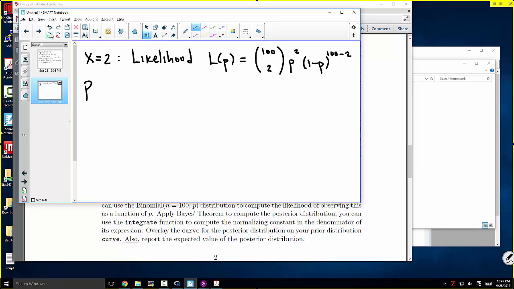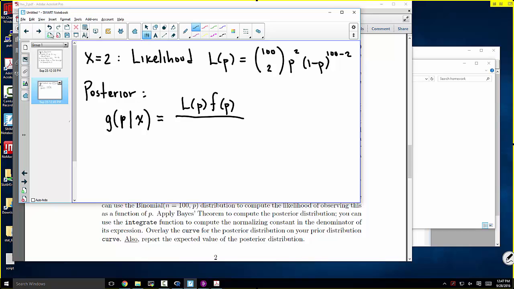Then the posterior, after observing these 100 individuals with 2 adverse events, we'll say is G of P given the data. This is Bayes' rule: likelihood of P times prior, let's do F, F of P.